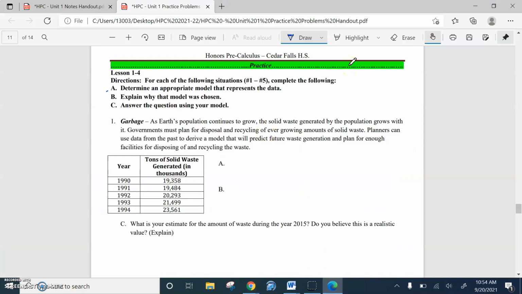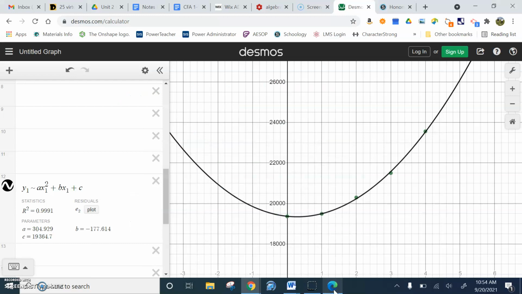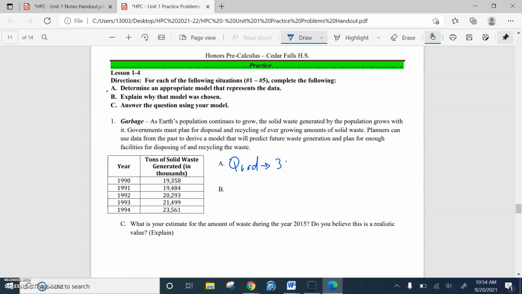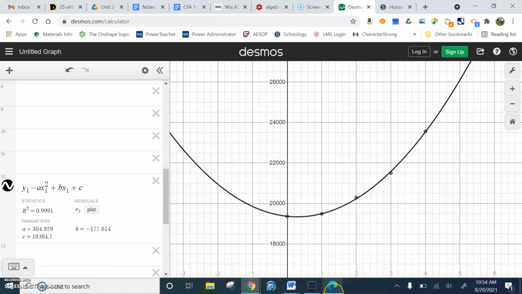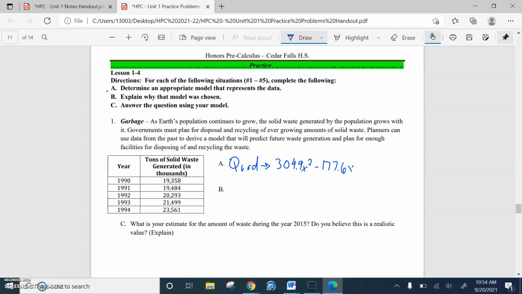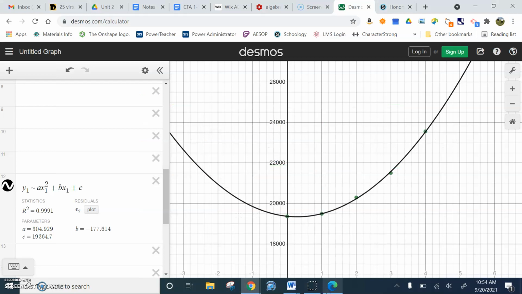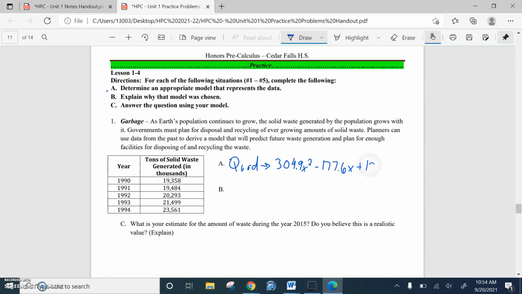So A, the answer is quadratic, and those numbers: 304, B, so minus 177.6x plus 19. So there's our equation. I would ask that you write that equation down for me in part A.